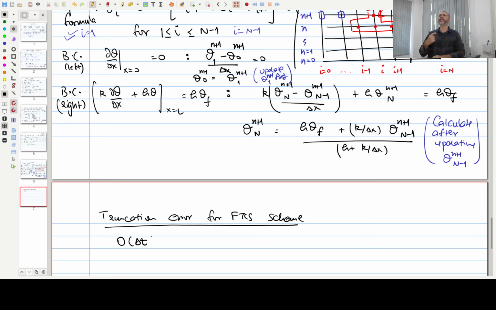So it's order delta t because you have taken a forward difference in time, and for space it is still delta x squared because we have taken a center difference. So the overall truncation error is of the order of delta t comma delta x squared.